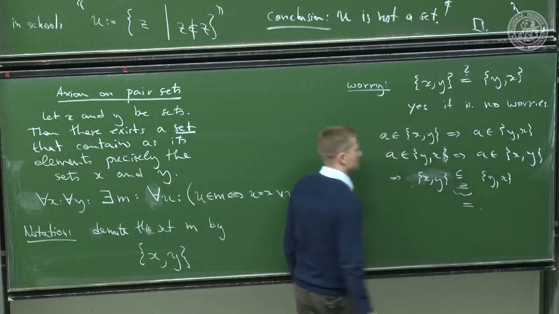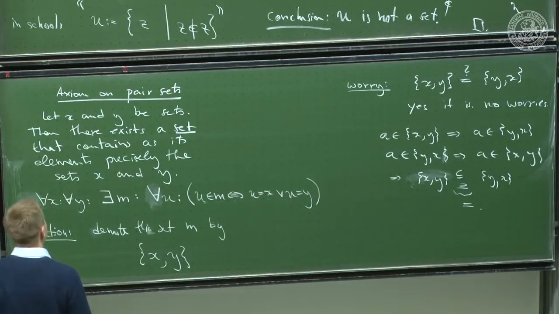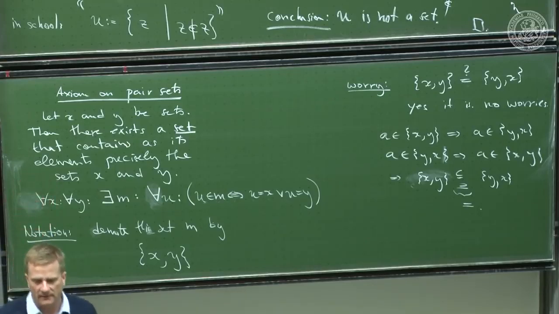So in total, they are the same. So our notation doesn't introduce any prejudice. What you learn in elementary school is that the order doesn't matter. We don't just agree on it, we prove it. But that the whole thing is a set is guaranteed by the axiom on pair sets.